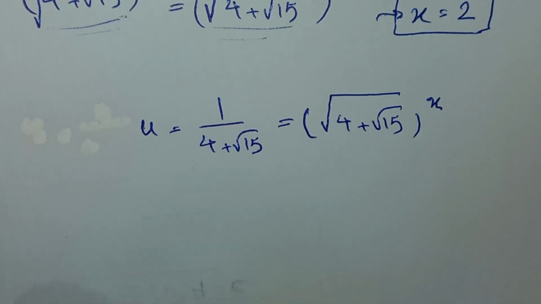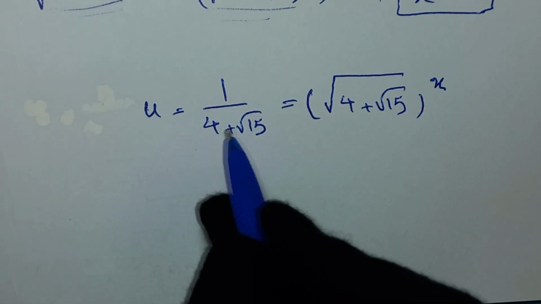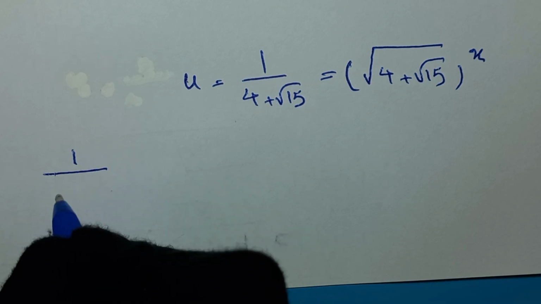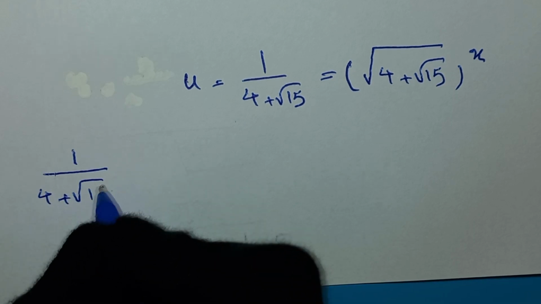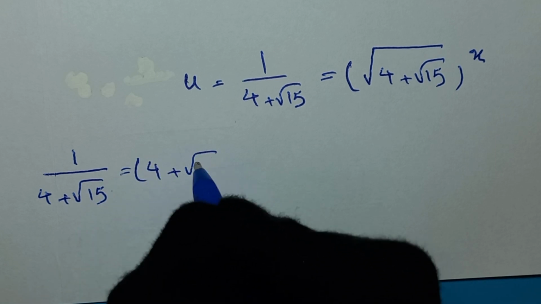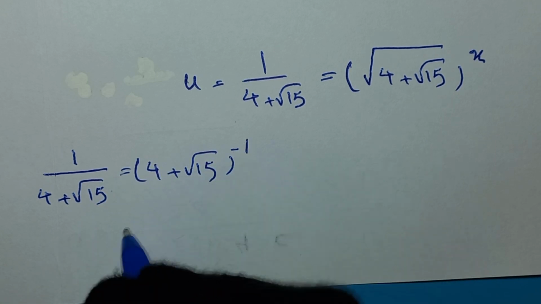Okay? And this 1 over 4 plus square root of 15, we write in here, is equal to 4 plus square root of 15 to the power of negative 1.